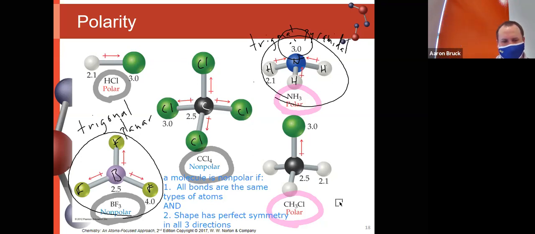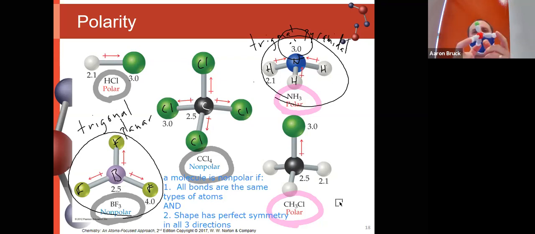Why is methyl chloride polar? Well, it doesn't meet the first or the second criteria. In methyl chloride, not only do I have a different kind of bond, I also have a different kind of electronegativity at the top of this tetrahedron.